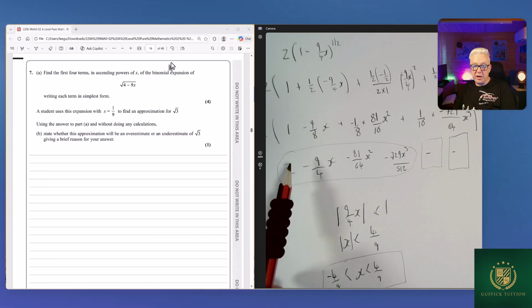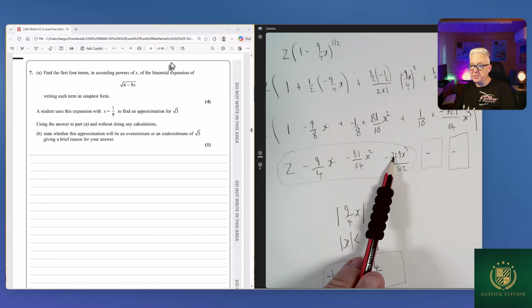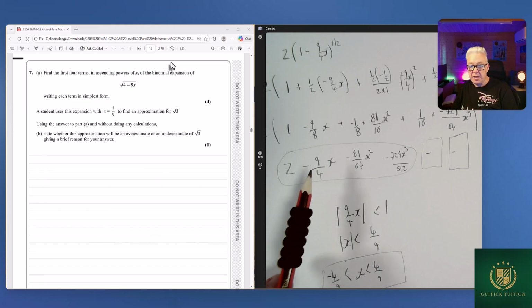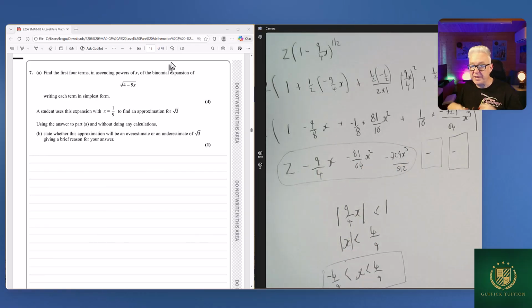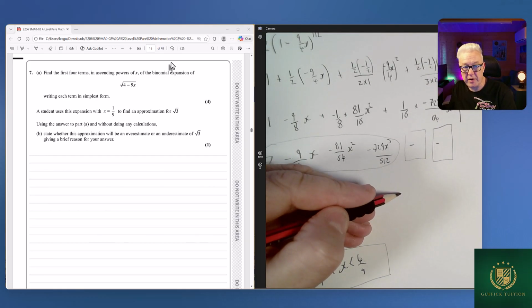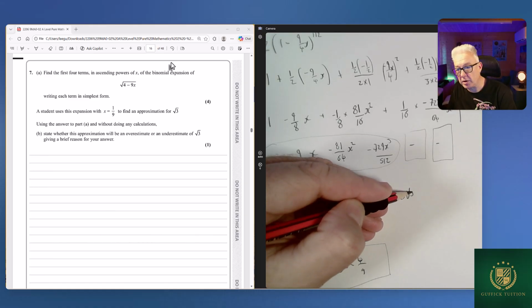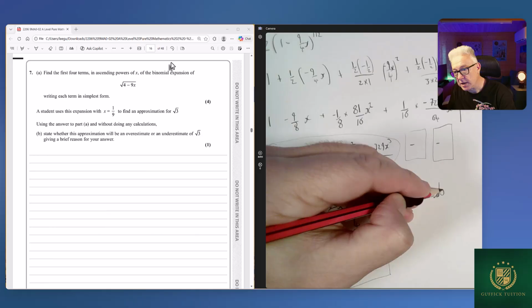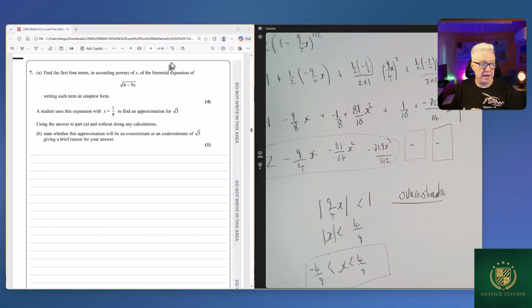So because we've only got these 1, 2, 3, 4 terms, we have got an overestimate, because every successive term in the sequence is going to have a minus and will be taking something away from our answer. And as I say, the reason is because each successive term is taking something away from the answer before.